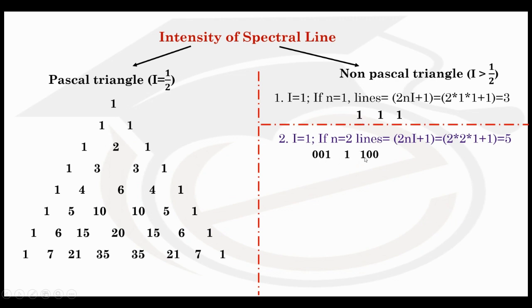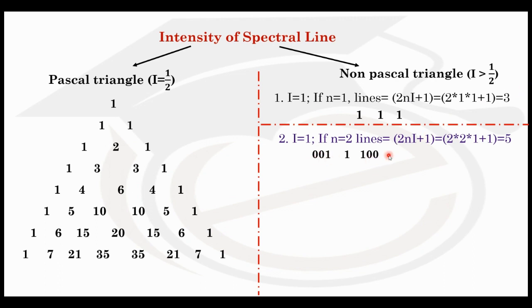Then we add 0s on the left side and right side. Here the number of lines is 3, so 3 minus 1 is 2. So we add 2 zeros on the left side and 2 zeros on the right side.